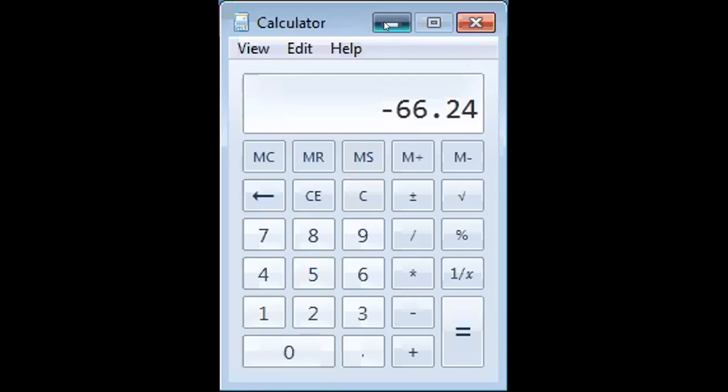Kilojoule per kilogram. So kilojoule per kilogram. No second here. So then this is kilojoule per second.